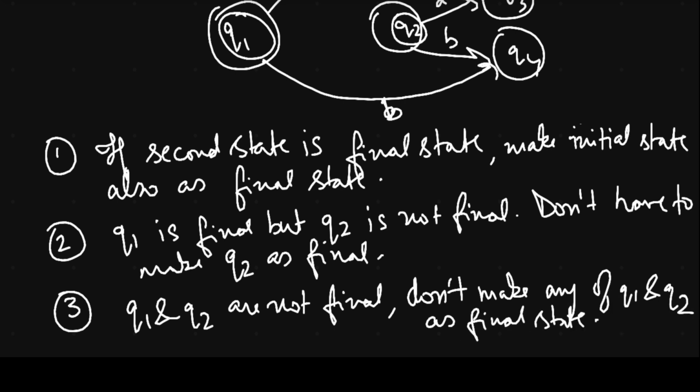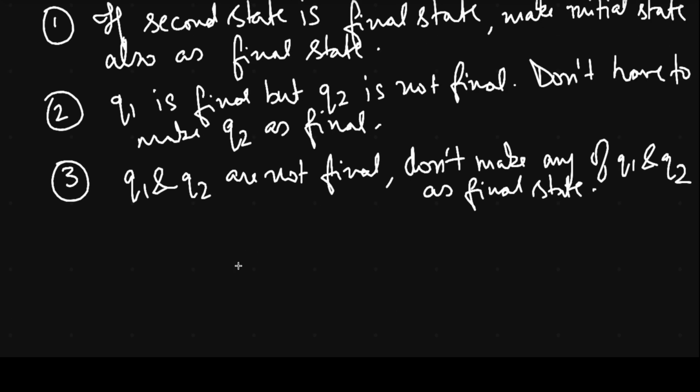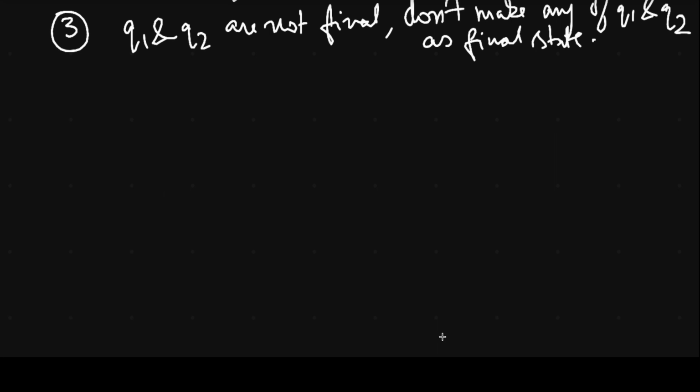You just have to make the initial state final when the second state is the final state. Otherwise, if Q1 is final or both of them are not final, you don't have to manipulate the final state. Okay, so now based on this, let's do one or two questions.